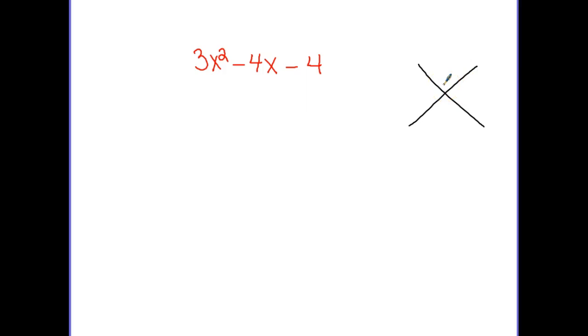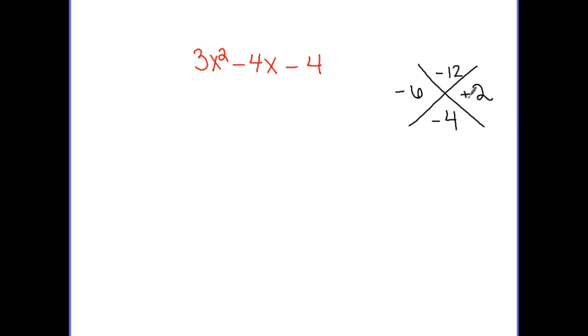Okay, so you multiply the first and the last. So 3 and negative 4 is negative 12. So I need two numbers that multiply to negative 12 and add to negative 4. Good. When you have negative 6 and a positive 2, because this is negative, you need one of each.